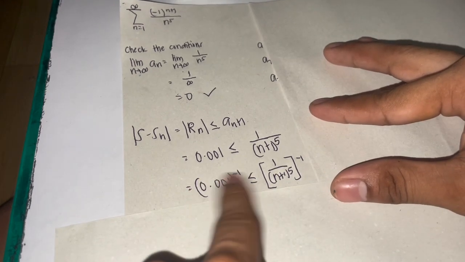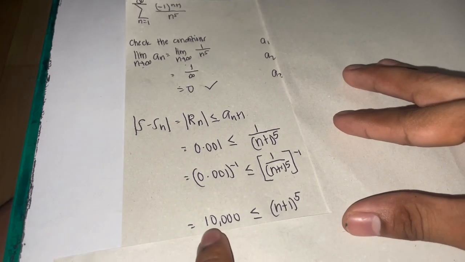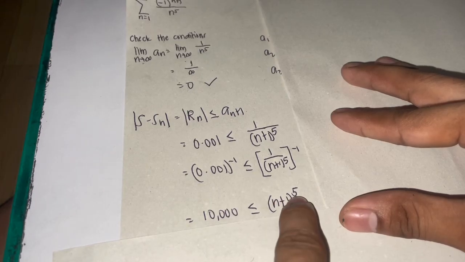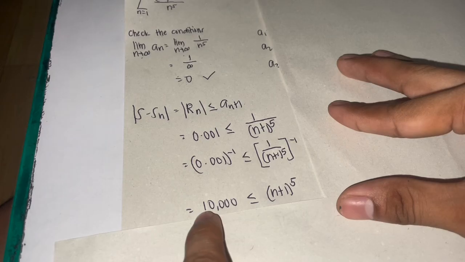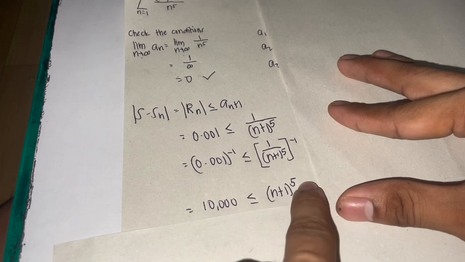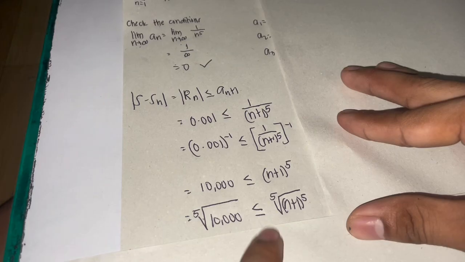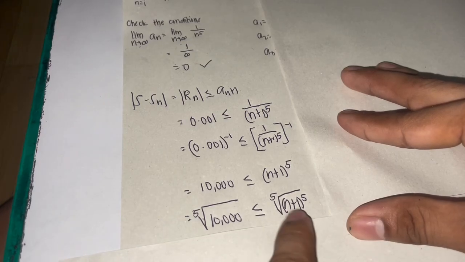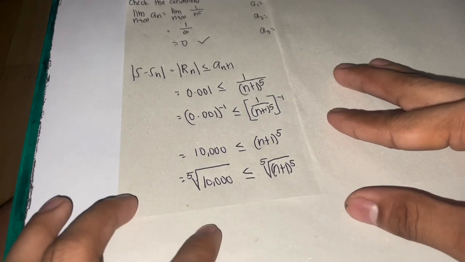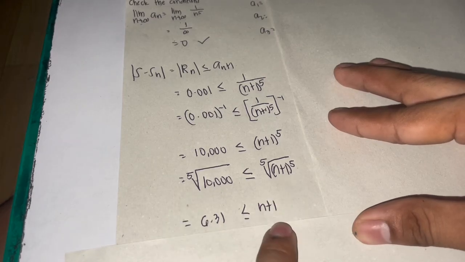If we calculate this, we get 10,000, which is less than or equal to (n plus 1) raised to the power of 5. Now we get the fifth root of both sides so that the 5 exponent is eliminated. The fifth root of 10,000 is 6.31, which is less than or equal to n plus 1.